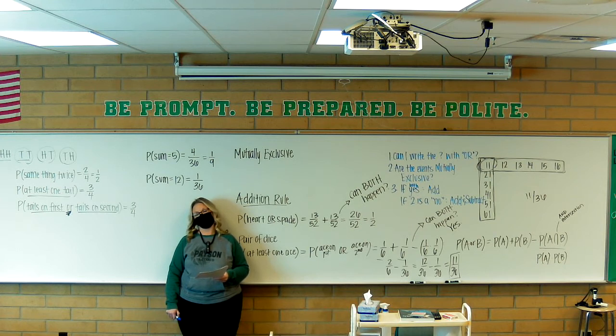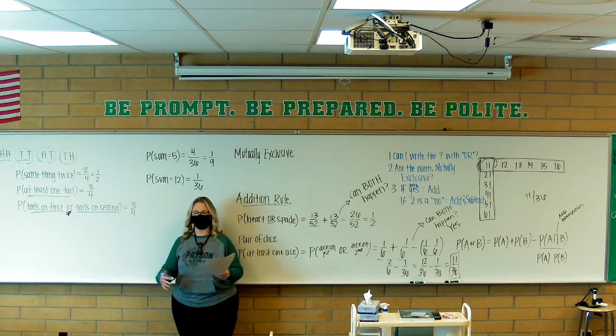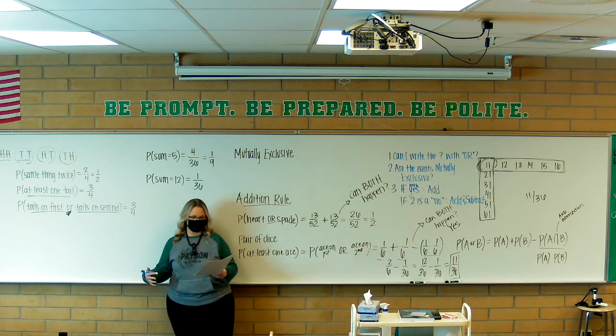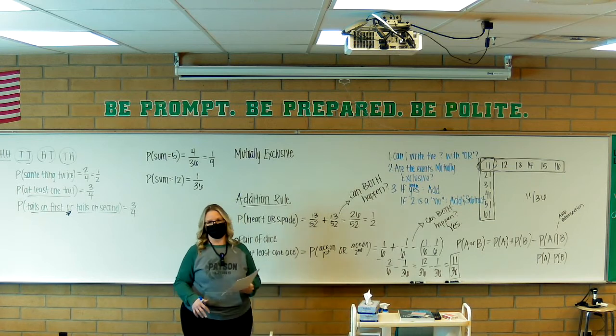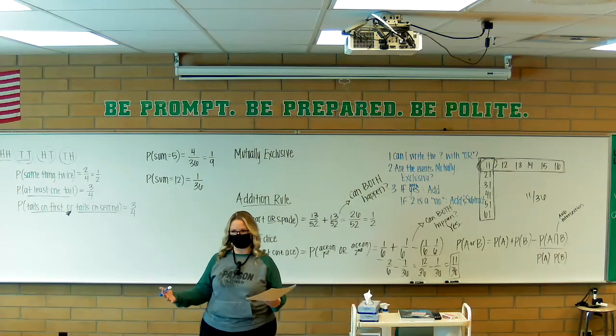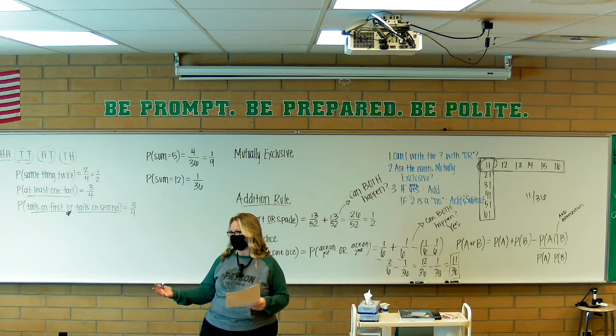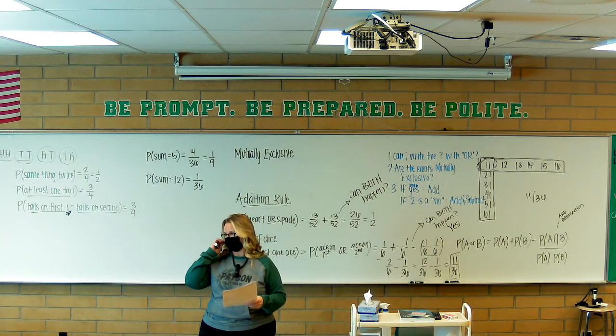The word and. Okay, we could make that a much longer explanation. We add probabilities when we want at least one of the events to happen. We multiply probabilities when we want both of them to happen.